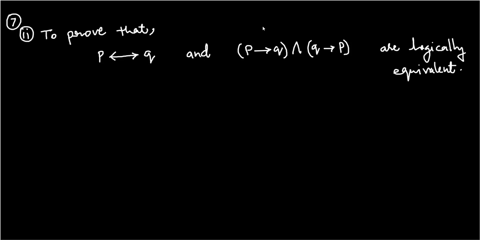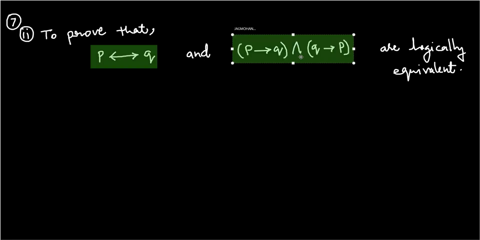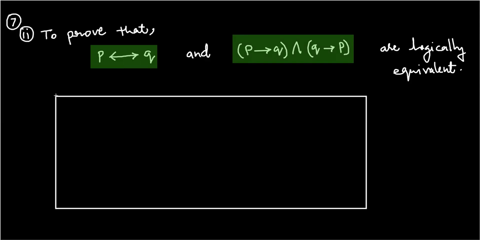So here, students, we have two statement patterns. One is P double implication Q and the other is P implies Q conjunction with Q implies P. What we have to do here is prove that these two statement patterns are logically equivalent. For that, I will first construct the truth table.